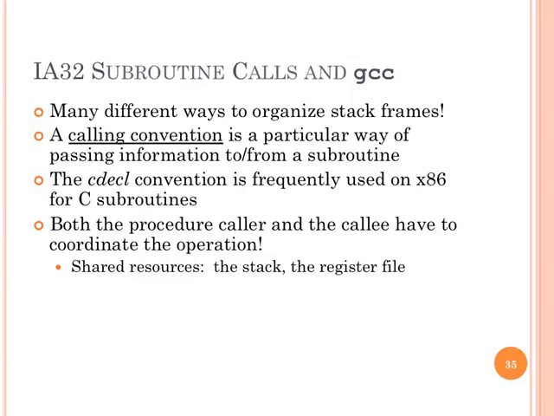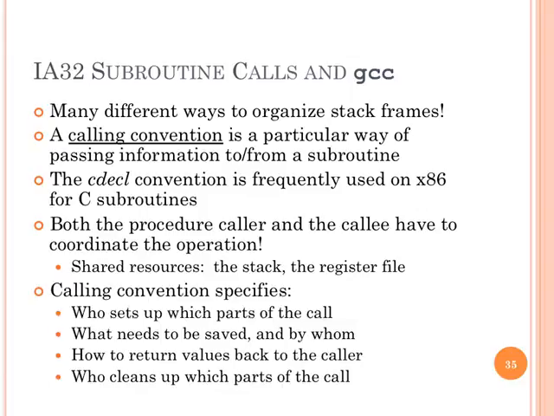And like I said, the caller and the callee have to coordinate because you have these shared resources. You have the stack, where the arguments need to be left, and then you also have the register file. There are processors that allow you to switch to a new register file when you get into a subroutine. Like I said, RISC processors have tons of registers, and so they can do that kind of thing. Oh, we're going to switch to another register file so that the subroutine can do its own thing.